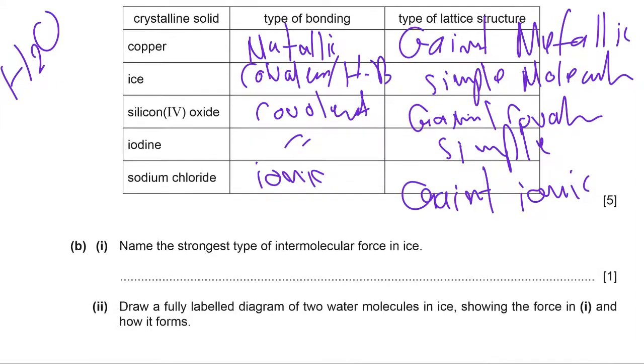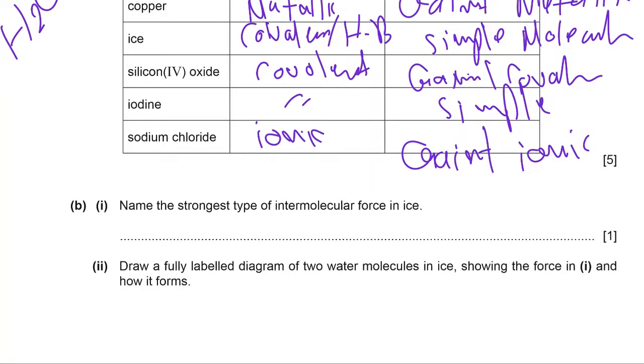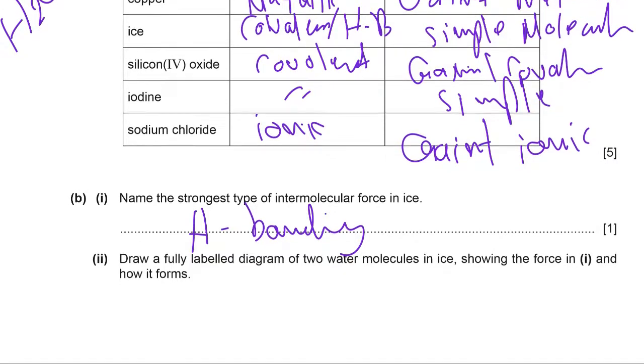Name the strongest type of intermolecular force in ice. It's hydrogen bond. Hydrogen bonding. Draw a fully labeled diagram of two water molecules in ice showing the force in I, and how it forms.